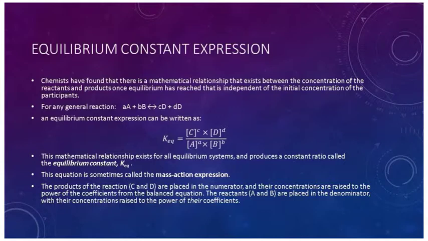An equilibrium constant expression can be written as such: the concentration of the products, each to the power of the number that was in front of the element, divided by the concentration of the reactants, each to the power of the number that was in front of the element. So remember, it's always going to be products over reactants.